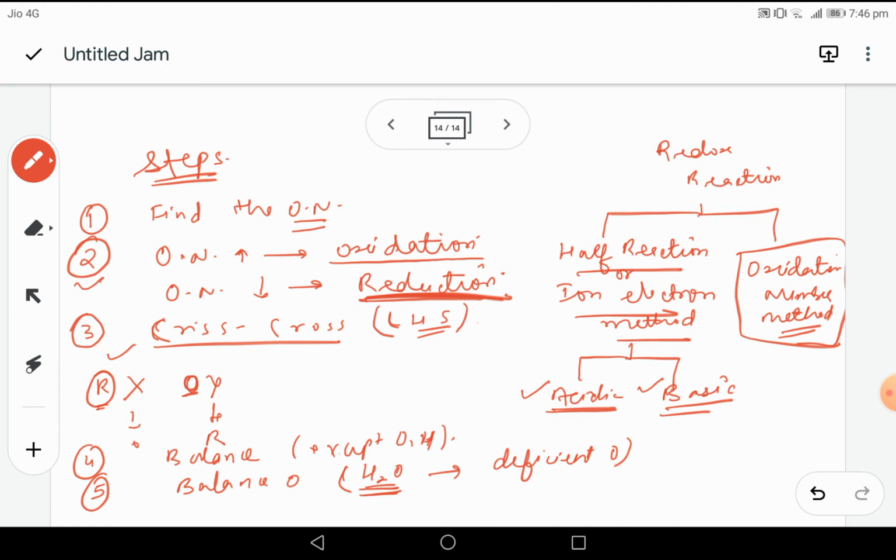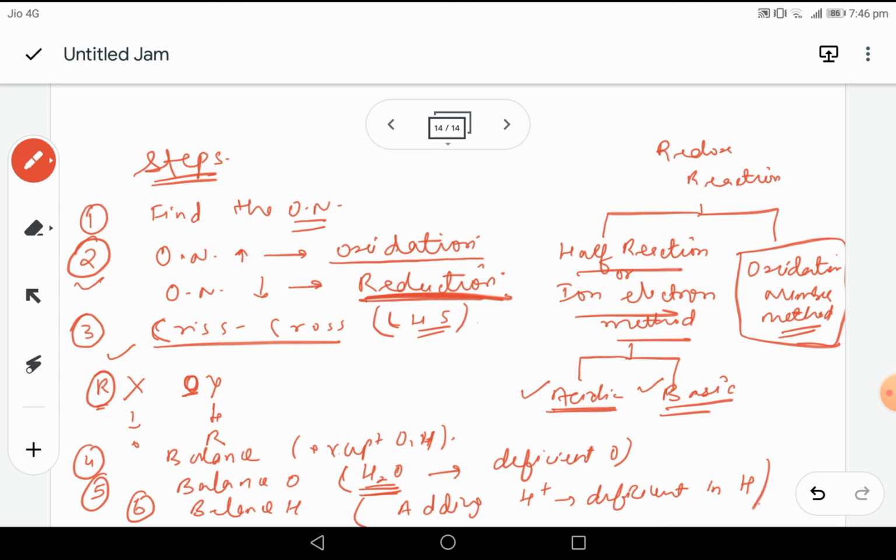Okay. The last step would be to balance hydrogen. And what is the way to balance hydrogen? That is by adding H positive ions to the side which is deficient in hydrogen. Is that clear? So we are going to follow these steps.